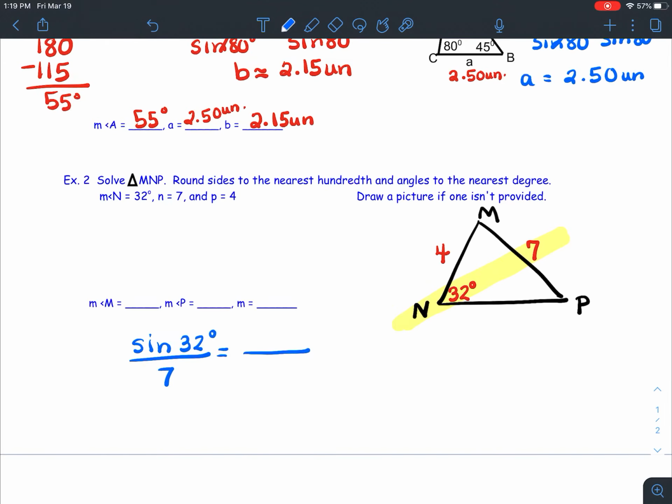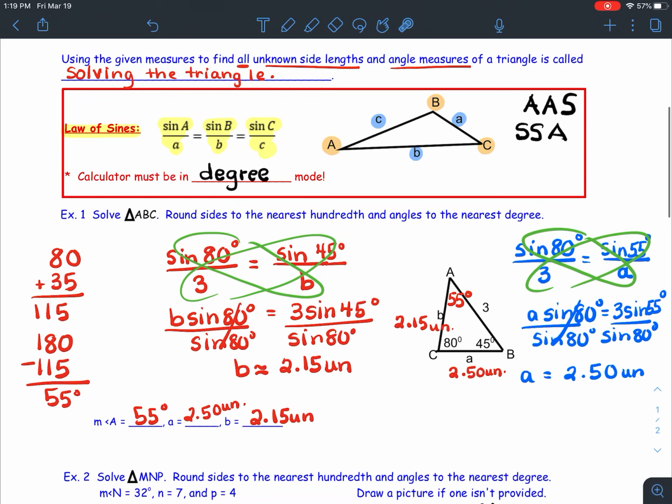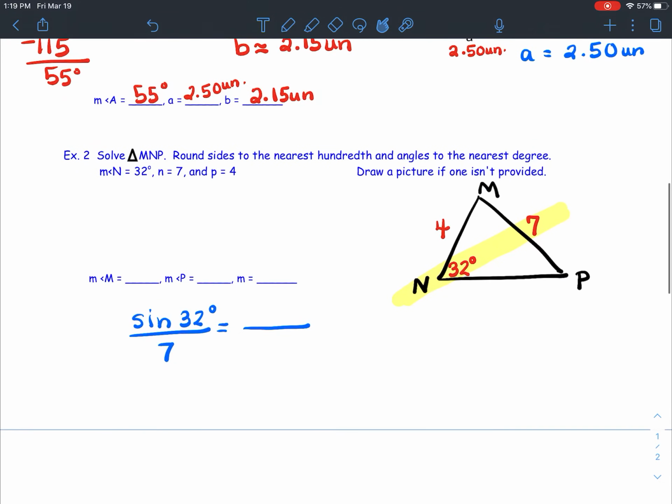Okay, now on this one, you can see how up above here I was mentioning that law of sines is best when you're given 2 angles and a side not in between the 2 angles. That was kind of the situation that we had here with the example we just did. Now in this one, we're given 2 sides and an angle that's not in between the 2 sides. You can see here 2 sides and this angle's not actually in between them here.